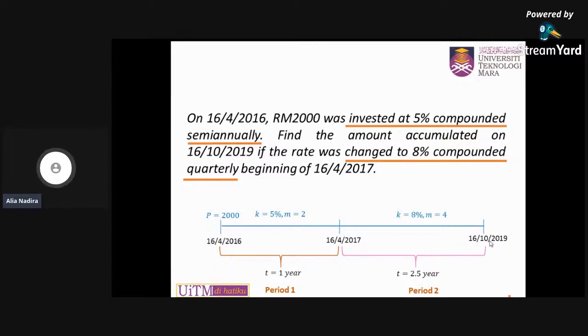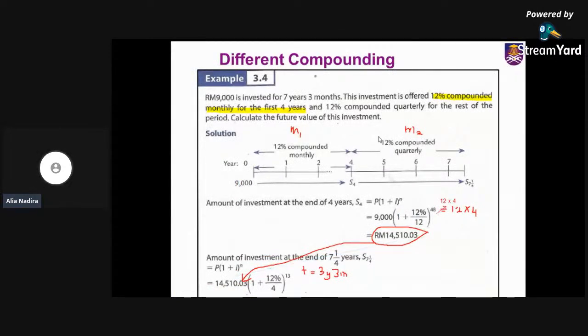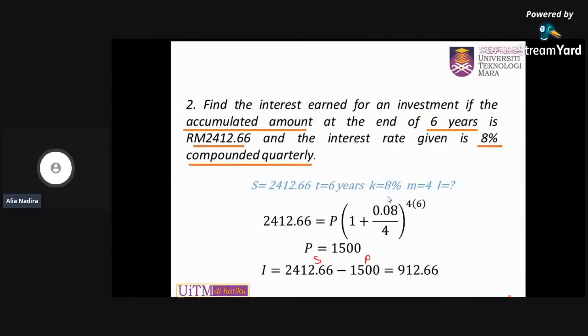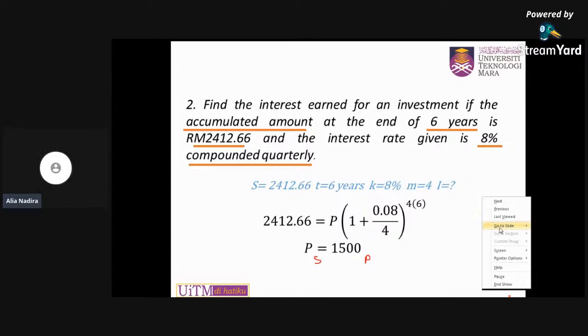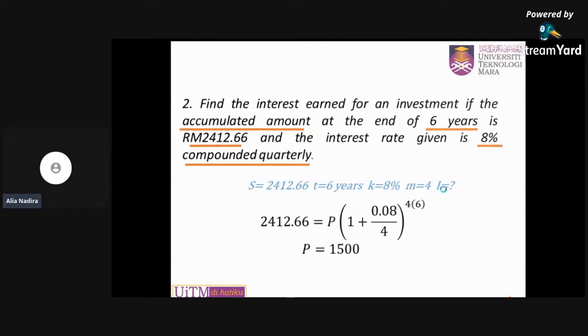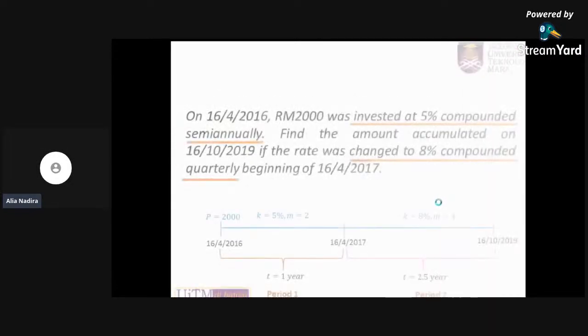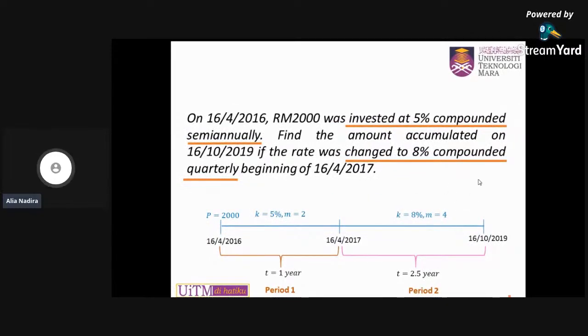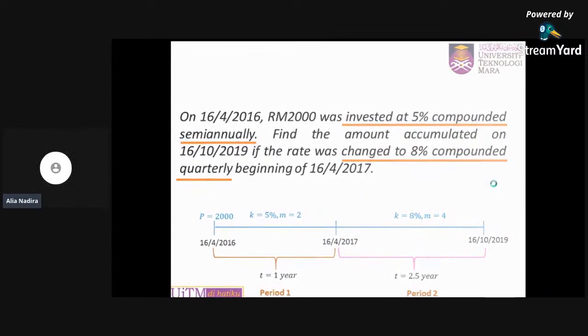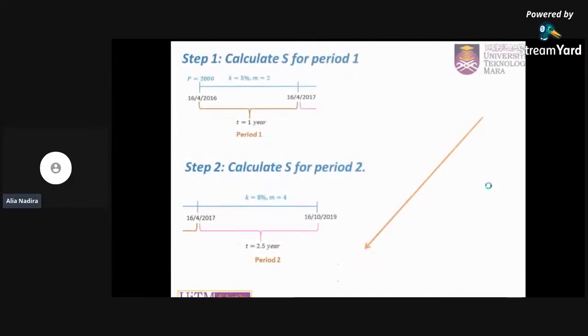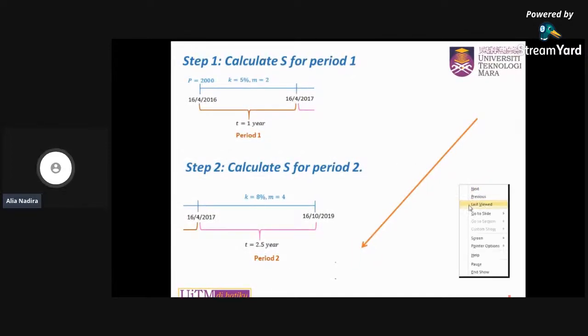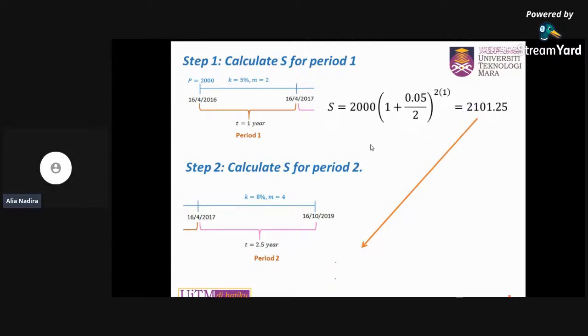What is the duration? It is the same as the previous example. You substitute into the formula, and this will be your answer.